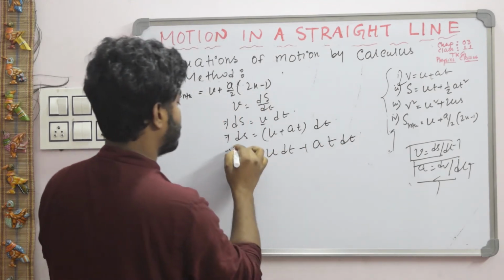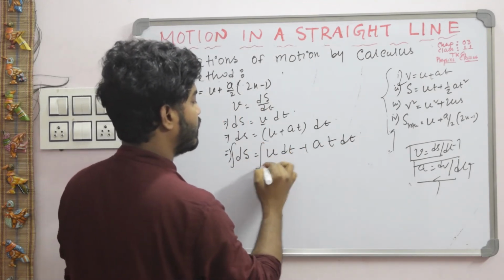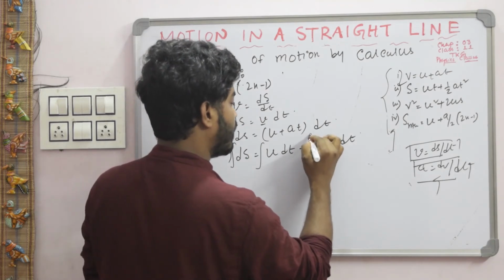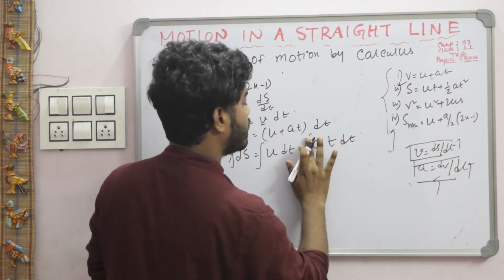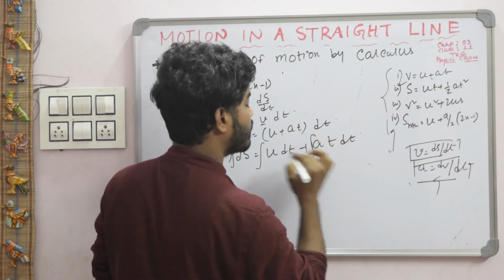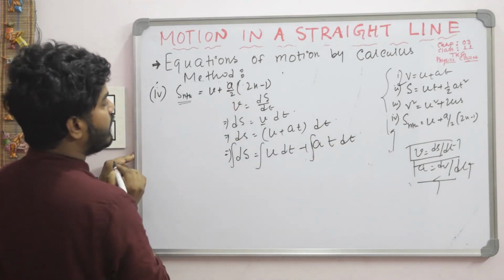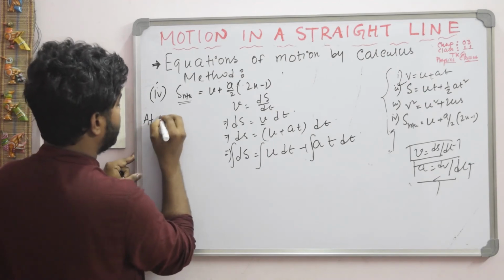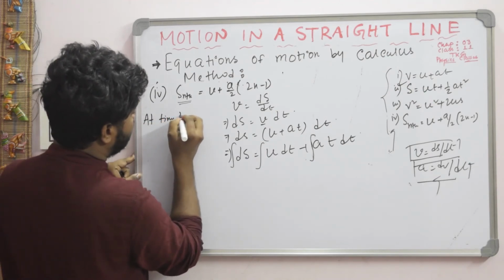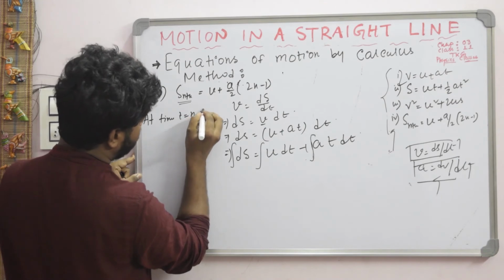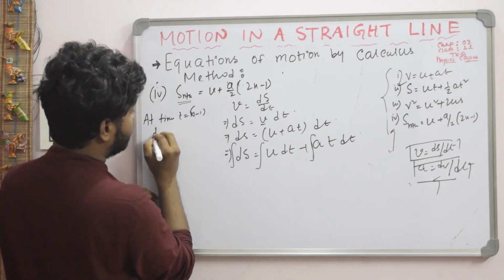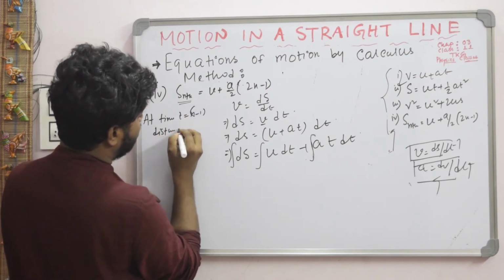Now integrate, taking integration. Now here one important point, that is you have to use a proper limit, and for solving s nth, what will be the limit? At time t is equal to n minus 1, the distance, how much?